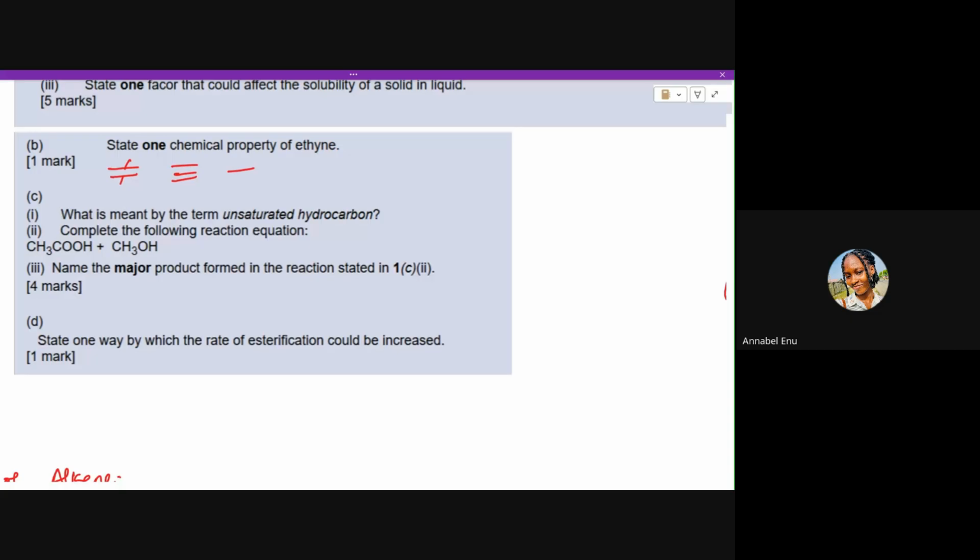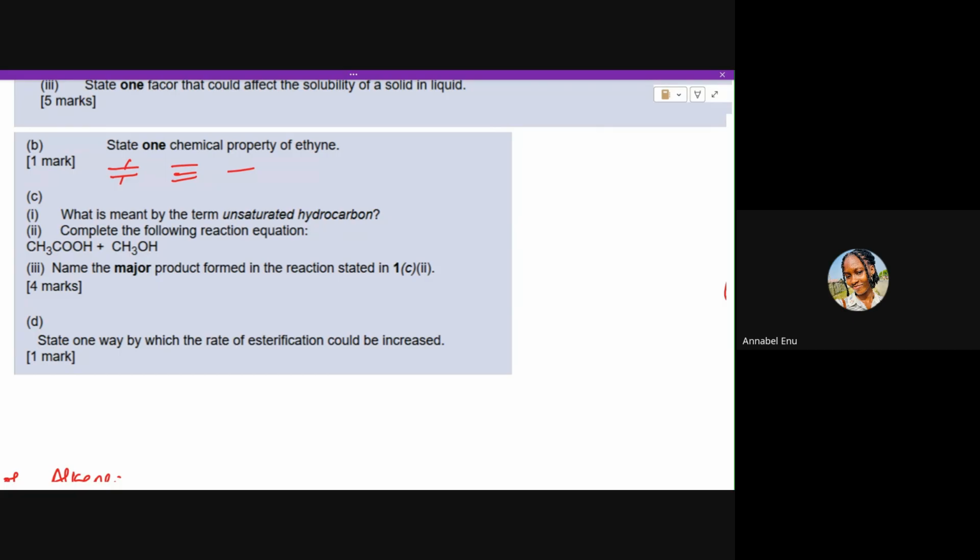Now the next question is on the esterification process. Okay. Complete the following equation.